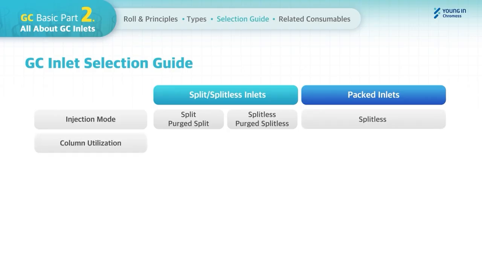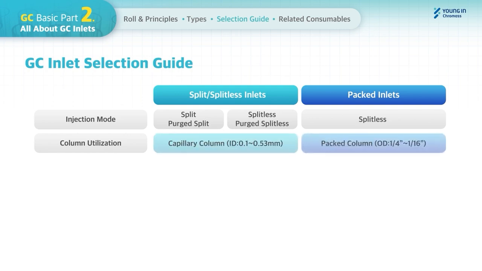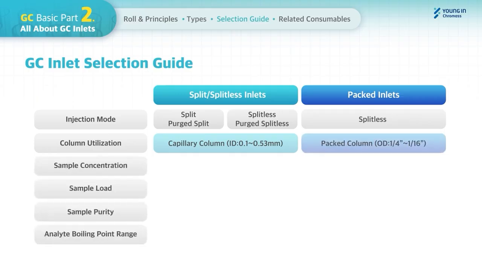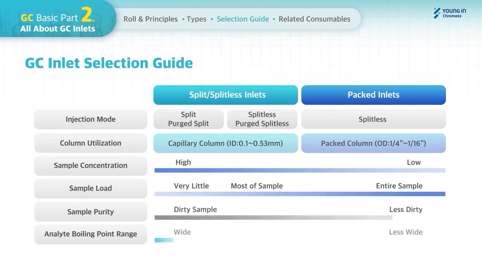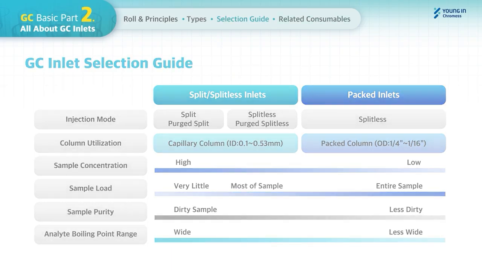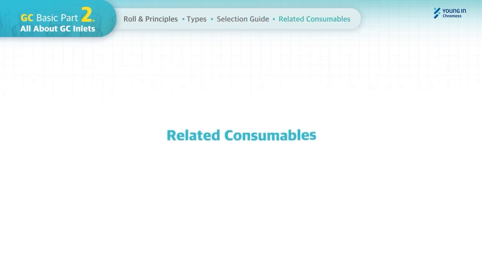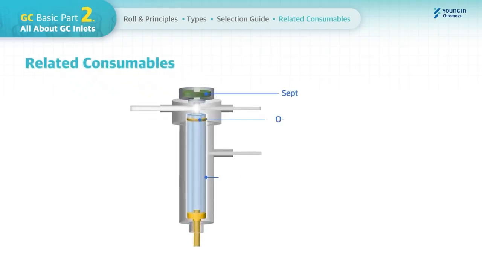A major consideration of GC inlet selection would be the column type, whether you utilize a capillary column or a packed column, depending on what to analyze. Depending on the sample concentration, purity, and boiling point range of analyte, you can choose the right inlet, which can optimize your analysis results. Also, there are certain consumables related to GC inlets that can affect the GC results. And we'll talk about more details of each part.